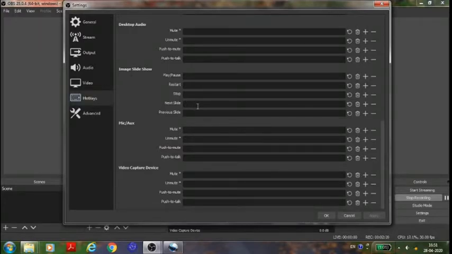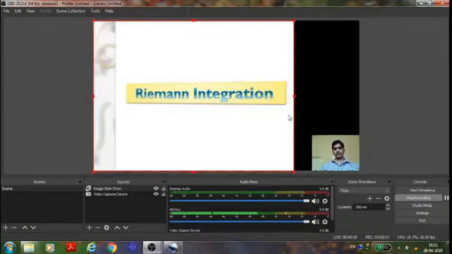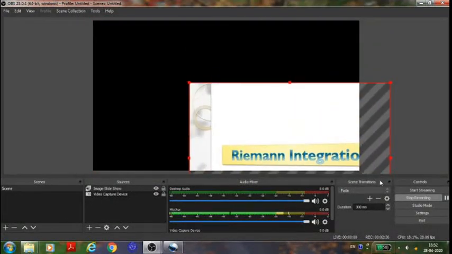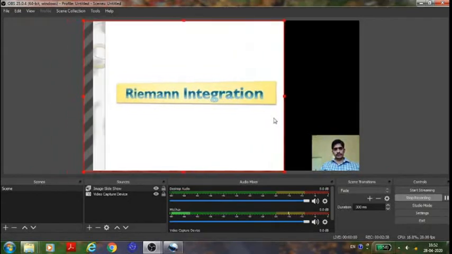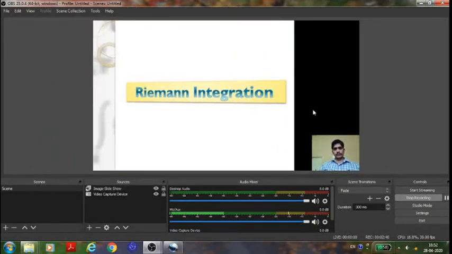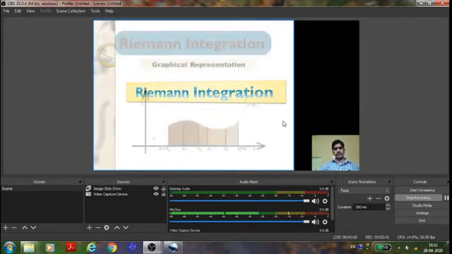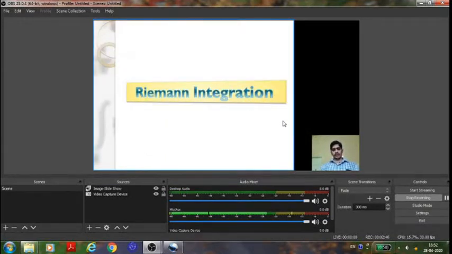Press the right arrow key on the keyboard to move forward and the left arrow key to move backward. Then click on OK. Now you can see it is moving forward and backward. Fine.